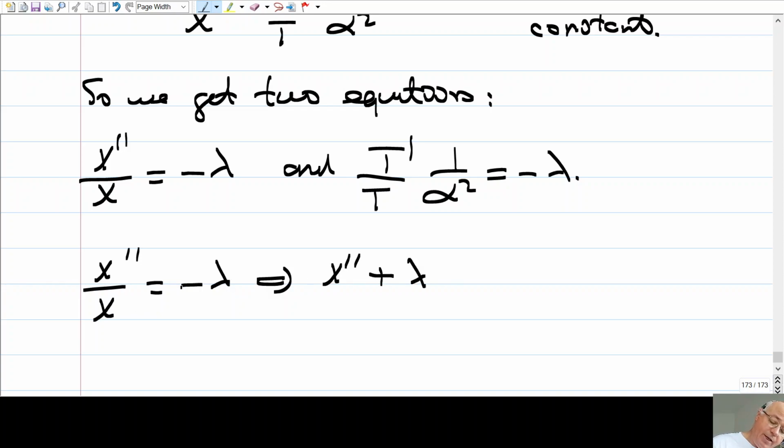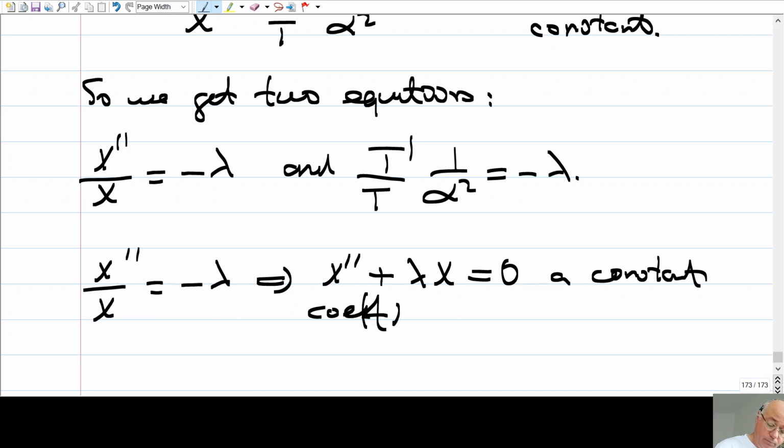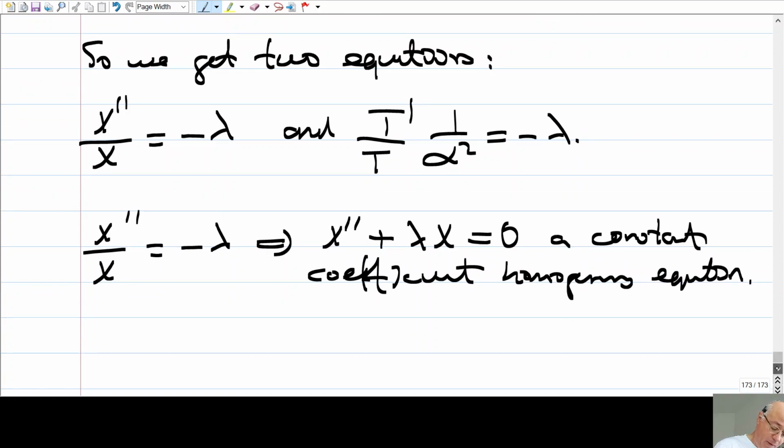I just take x to this side and then take lambda x to the other side, and I get this. It's a constant coefficient homogeneous equation.